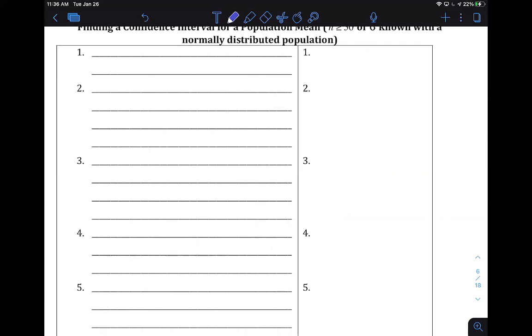So first thing we want to do is verify that the standard deviation is known, the sample is random, and either the population is normal or n is greater than or equal to 30.